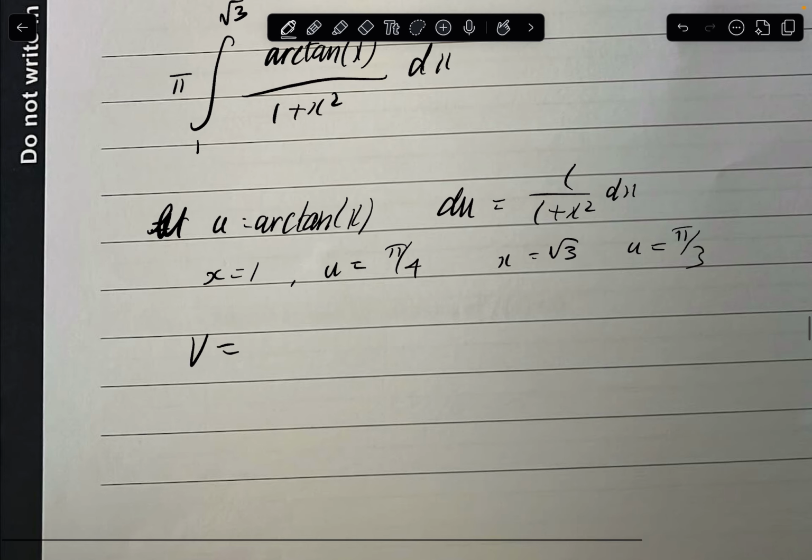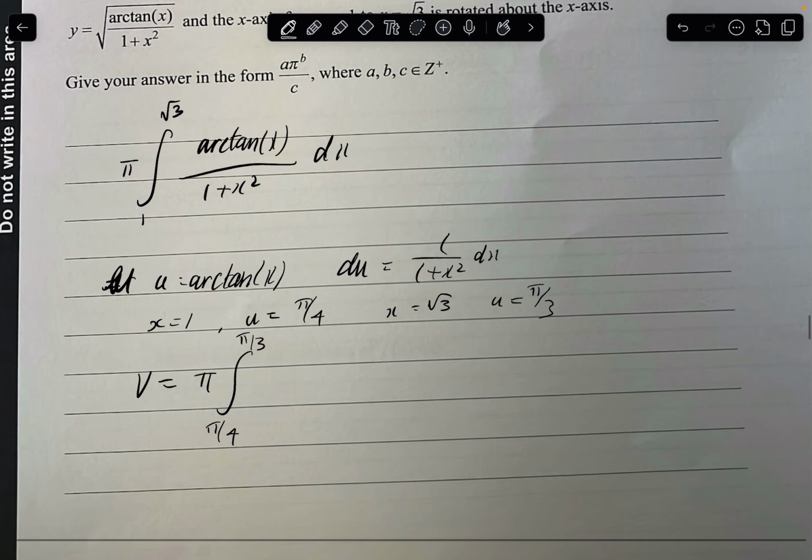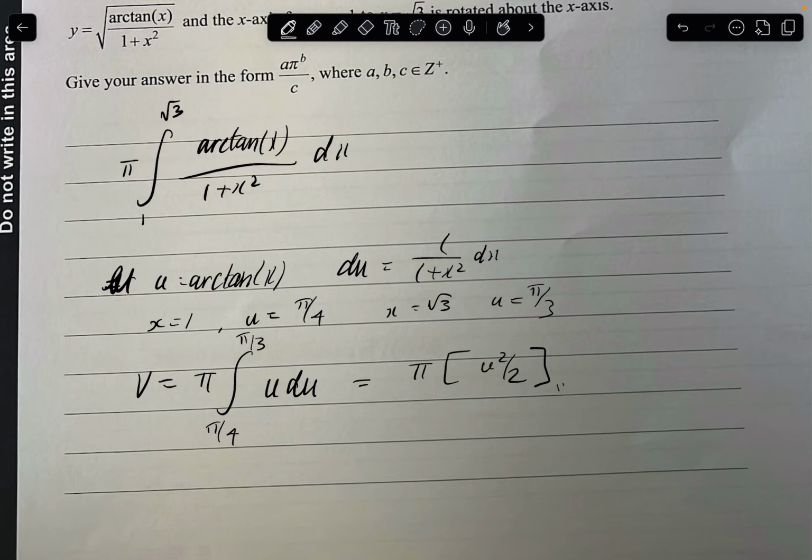So the volume is pi times the integral from pi on 4 to pi on 3 of just u du, which is pi times u squared over 2 from pi on 4 to pi on 3.